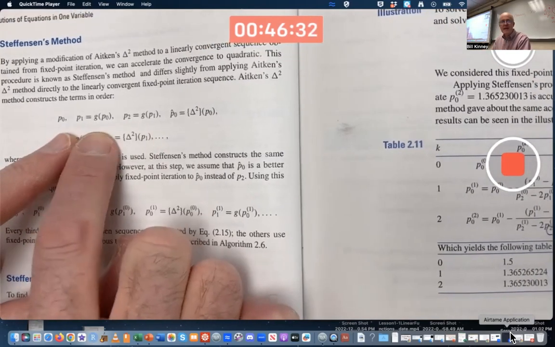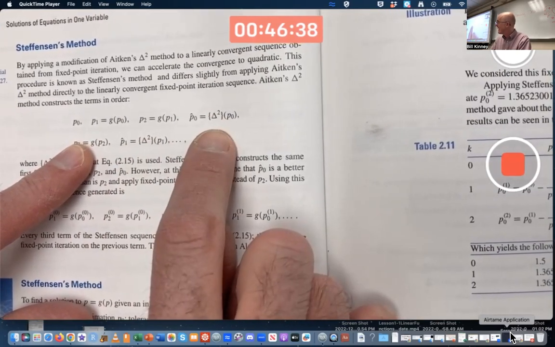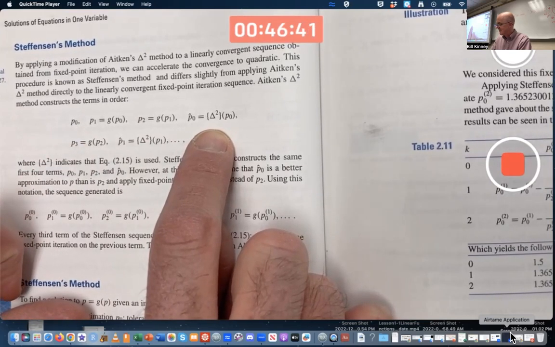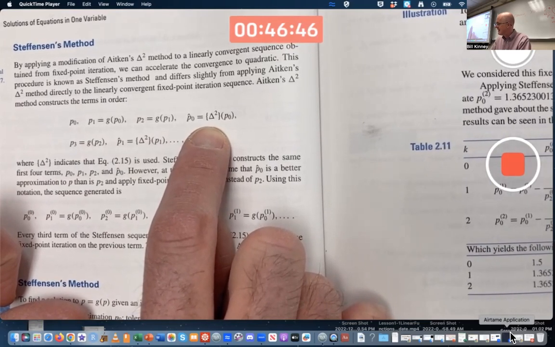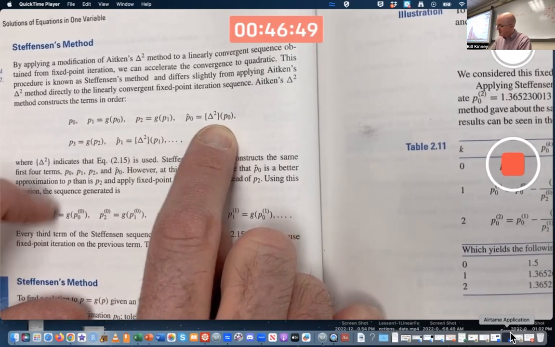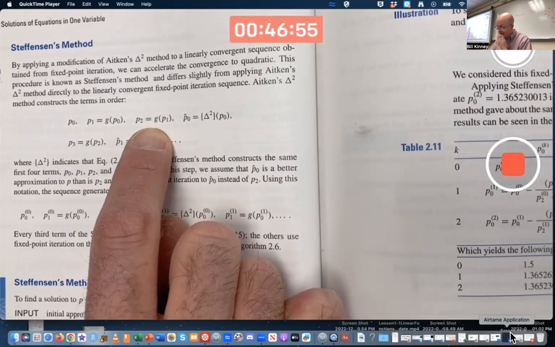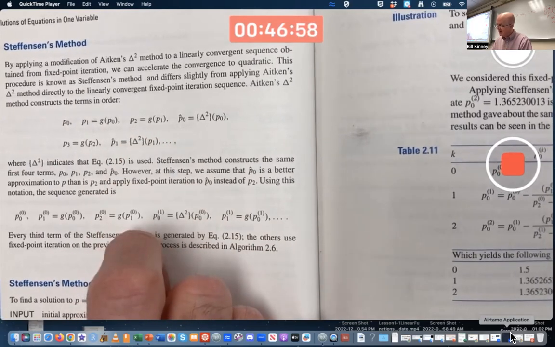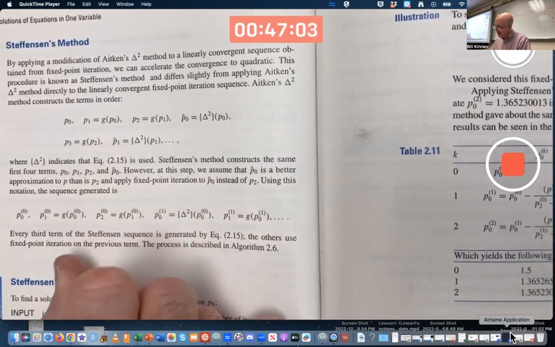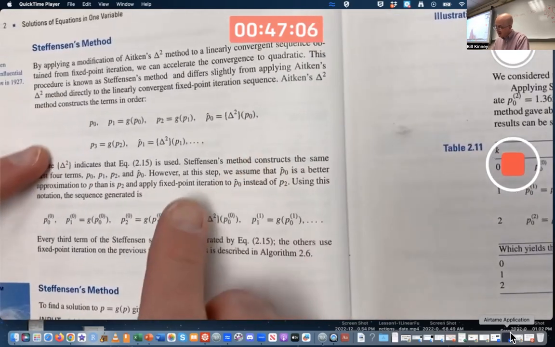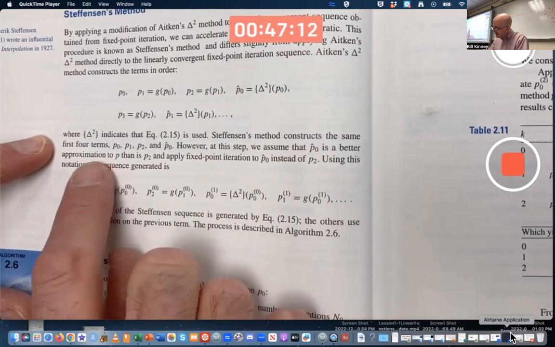Then you take those three numbers, P0, P1, and P2, and apply Aitken's delta squared method to get a new number. This delta squared in the curly braces represents Aitken's delta squared method. It says applied to P0, but you're really applying it to these three numbers. Then what's new, or what's weird, is that Steffensen's method constructs the same first four terms.